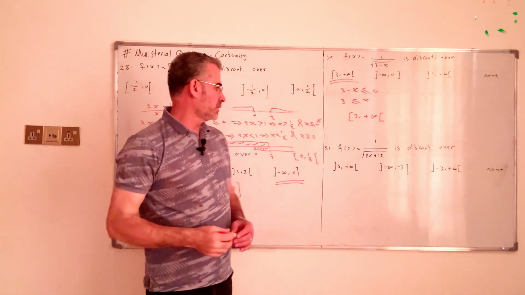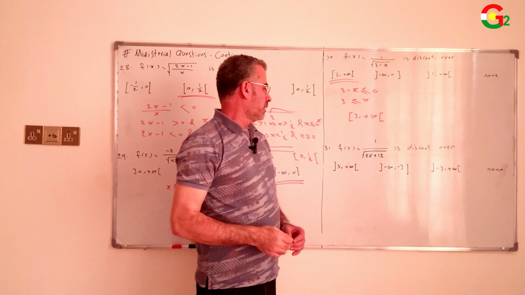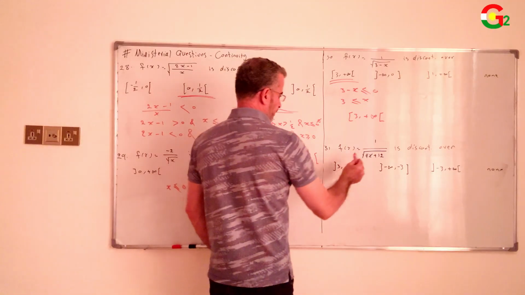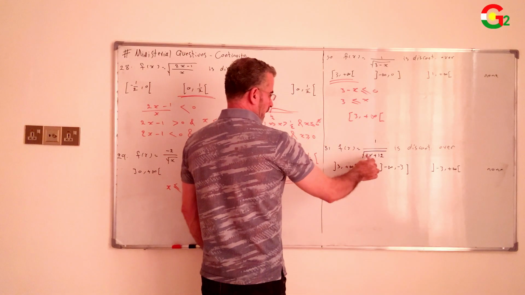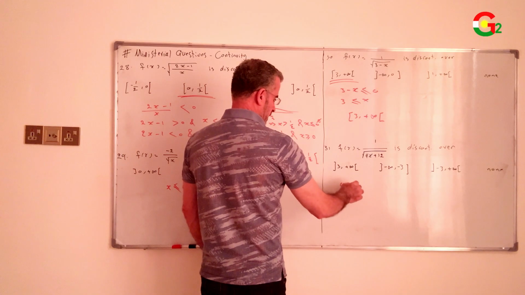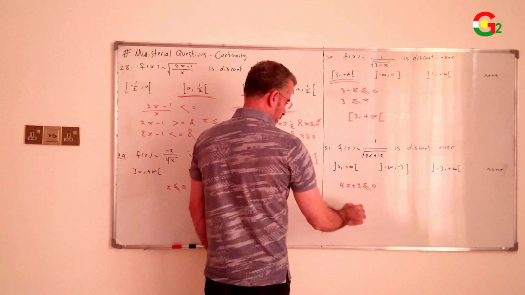Question number 31. F of x equals 1 over 4x plus 12 is discontinuous over which interval? The reverse of the domain: 4x plus 12 less than or equal to 0.